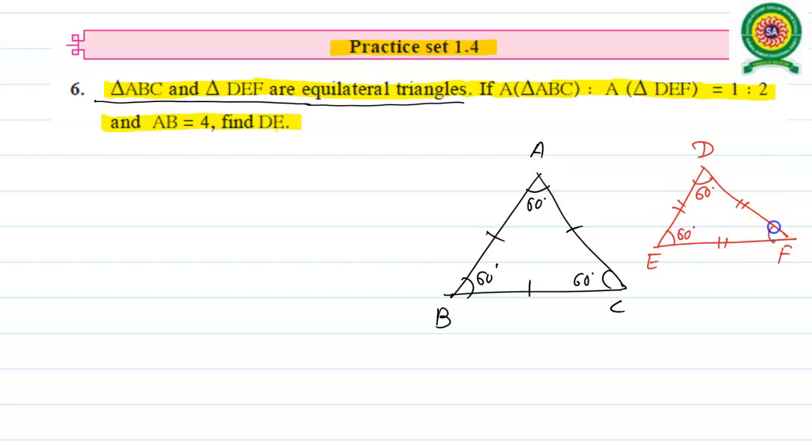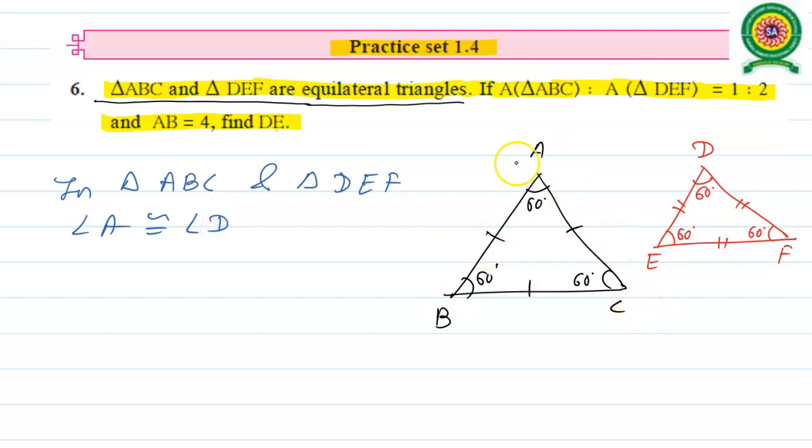Is it or not? By using the angle test we may write: in triangle ABC and triangle DEF, angle A is congruent to angle D. You may write BAC or CAB is congruent to EDF or FDE in terms of 3 letters.